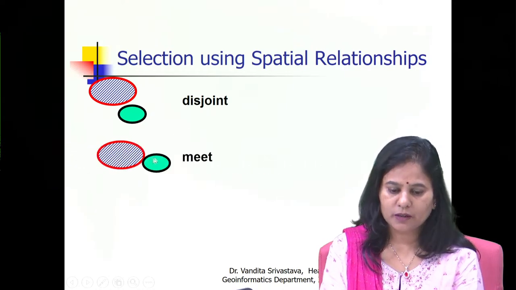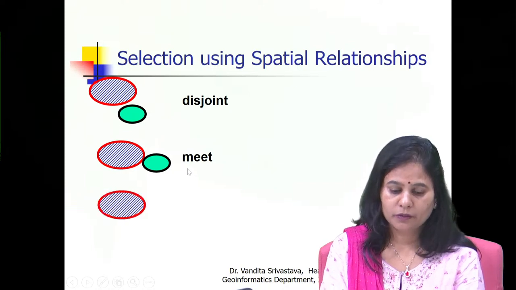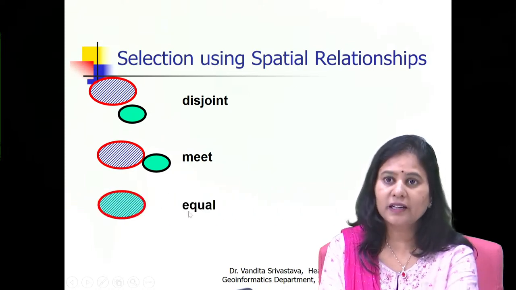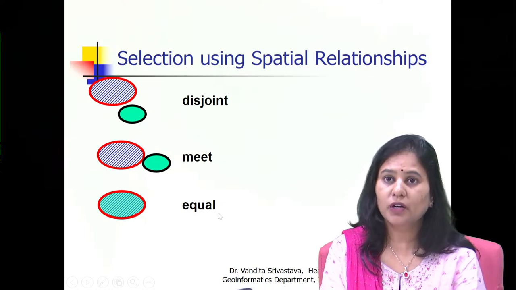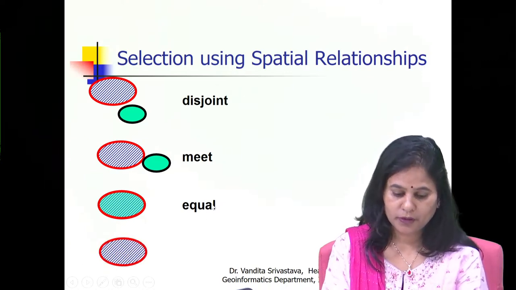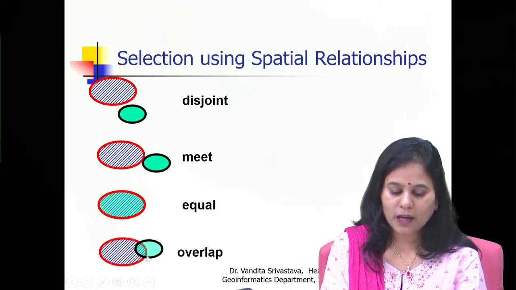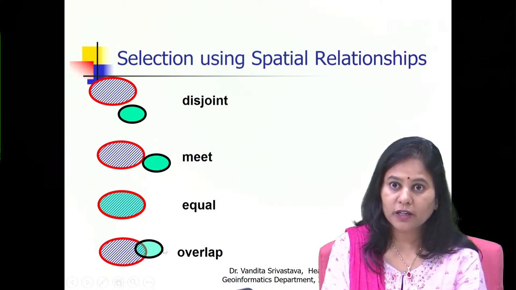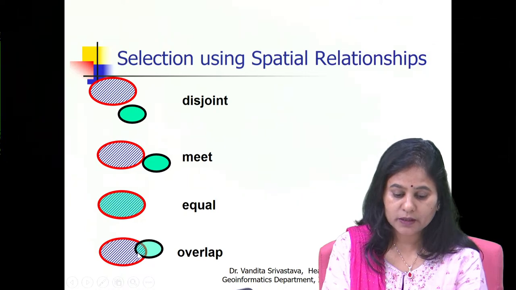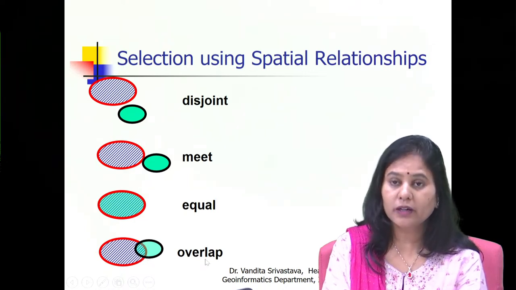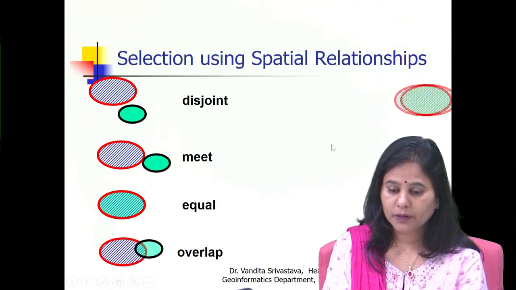When they touch, when they meet, this is called meet. When they exactly fit one over the other, it is called the equal relationship. When they overlap, meaning some part of A is falling in B and B is falling in A, this is an overlap situation, so we call it the overlap relationship.